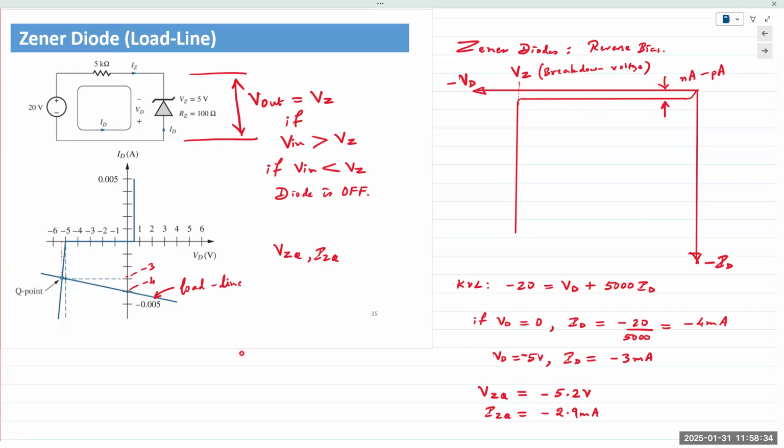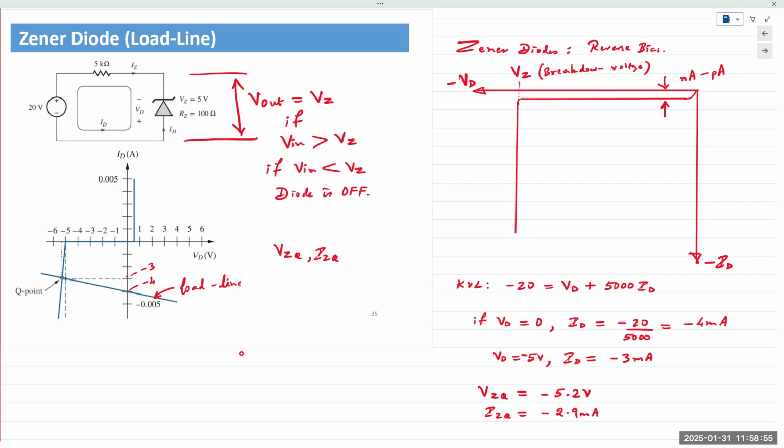Zener is used in the reverse bias, so it's plotted in the third quadrant. So it's always negative V and negative I, because if you look at the diode by itself, it is used in reverse bias, meaning the cathode is connected here to the positive end of our power supply, and the anode is connected towards the negative end.